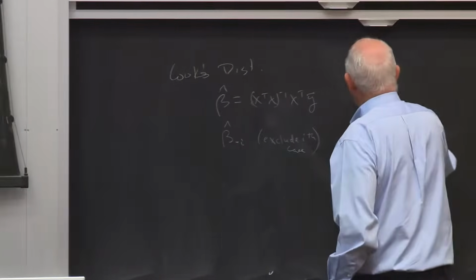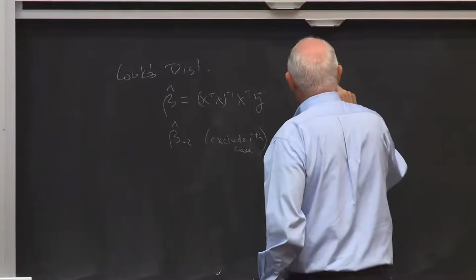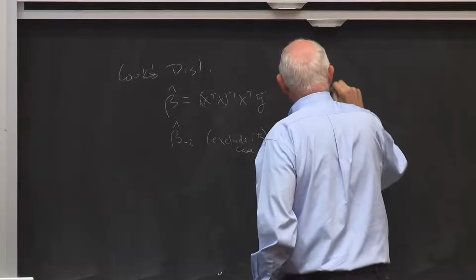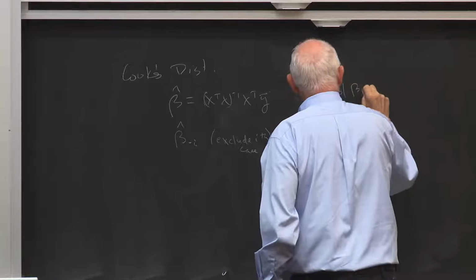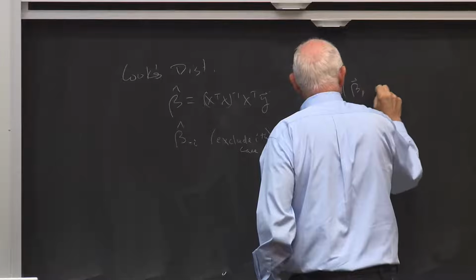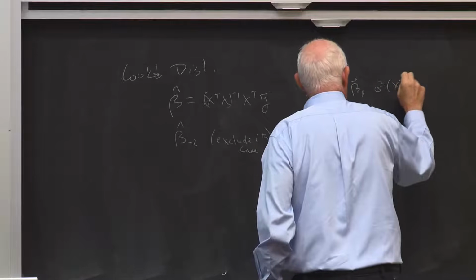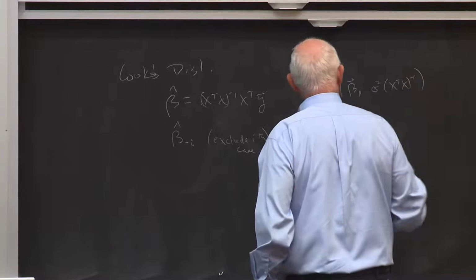Then we have that beta hat is distributed multivariate normal with a mean vector, the true beta, and covariance matrix given by this.